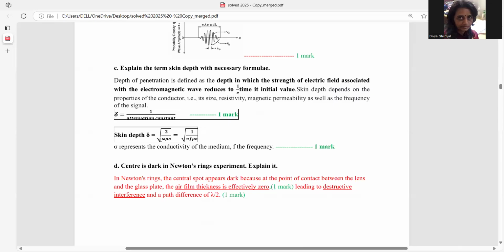You can pick up any one formula and just specify the symbols, what they mean. Like skin depth, under root 2 upon omega mu sigma. Sigma will represent conductivity of the medium. It is in your syllabus. And then this is sigma, pi, f is the frequency, this way.